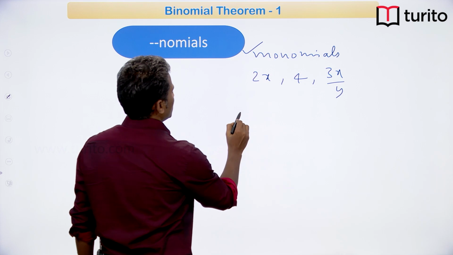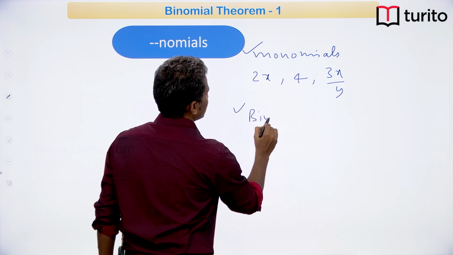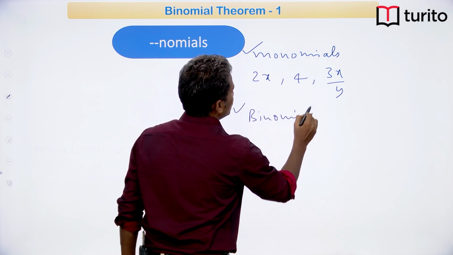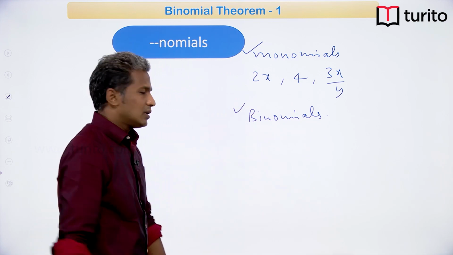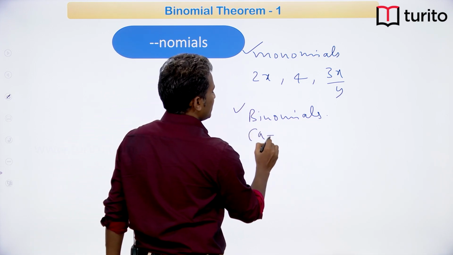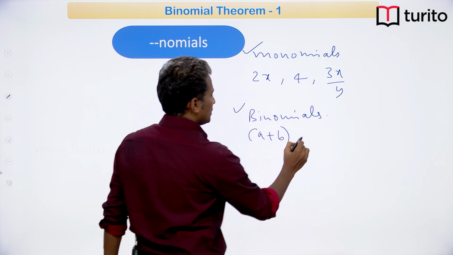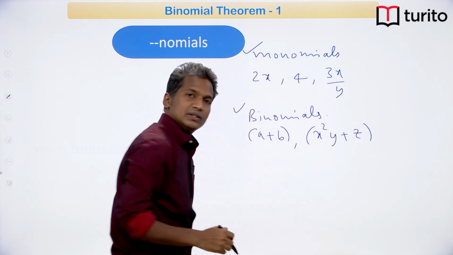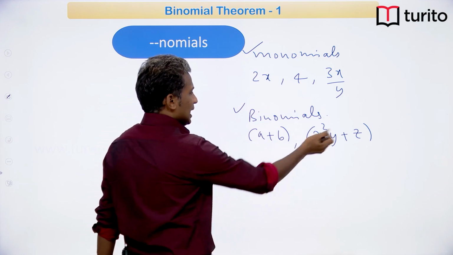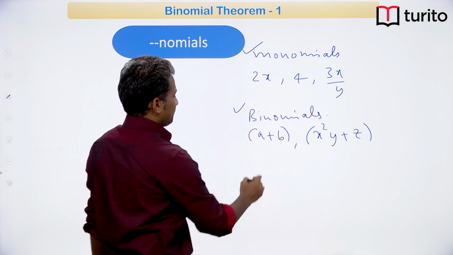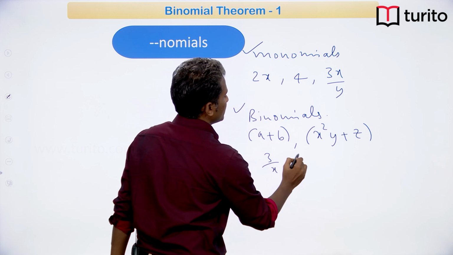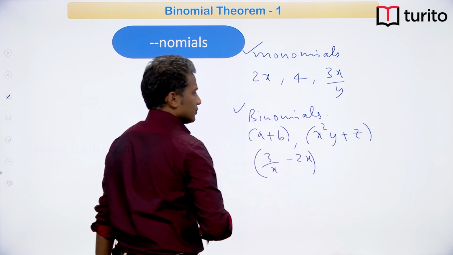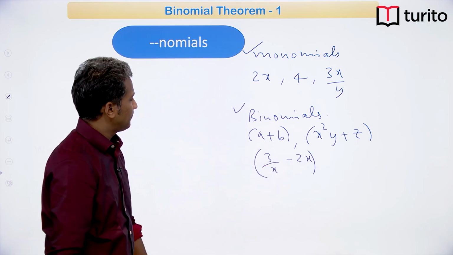What about binomials? Binomial means two terms must be involved. For example, a plus b is one binomial, x square y plus z is one binomial, and like this we can generate many binomials. We can also have terms in the denominator. This is also one binomial.